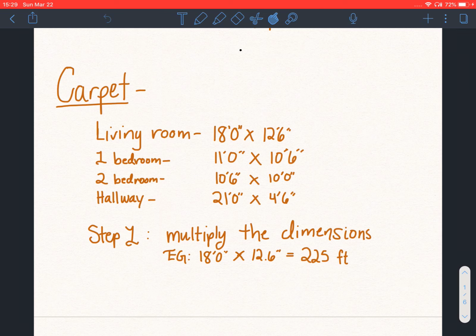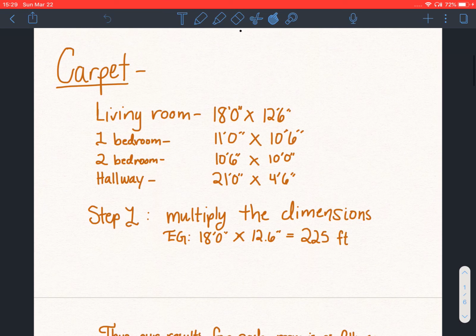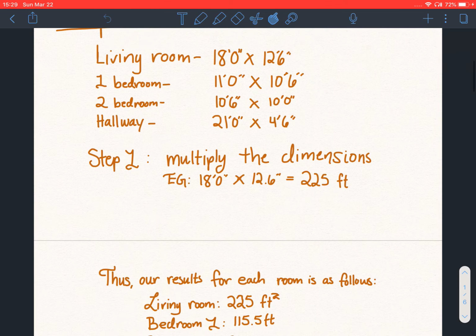The first thing we're going to do is multiply the dimensions. For example, we'll take 18 feet and multiply it by 12 feet 6 inches, which you know is 12 and a half feet. So multiply 18 by 12 and a half, which equals 225 square feet.